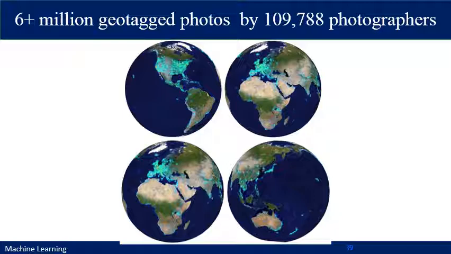There are 6 million geo-tagged photos by over 100,000 photographers around the world, and your dataset is marked with the geo-tagged location, that is, the locations are marked on the global map.